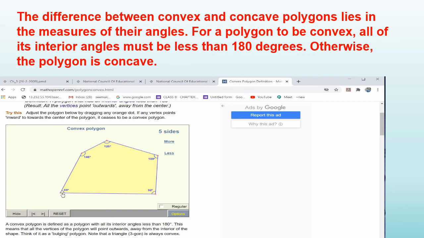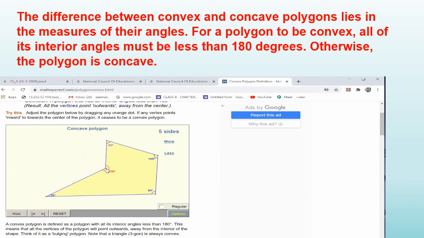Take any of the vertices, drag inwards. See the red degrees have appeared and here you can see it became concave. Again slowly drag outwards, less than 180. Less than 180 away from the interior and bulging, that means convex.